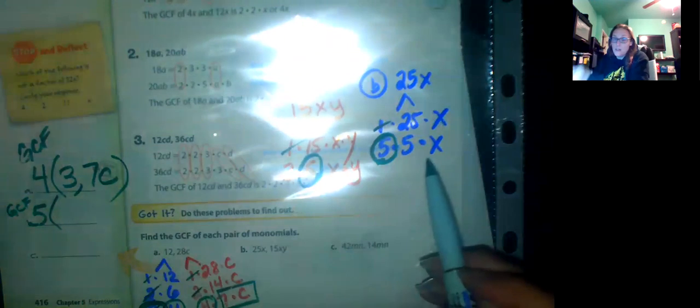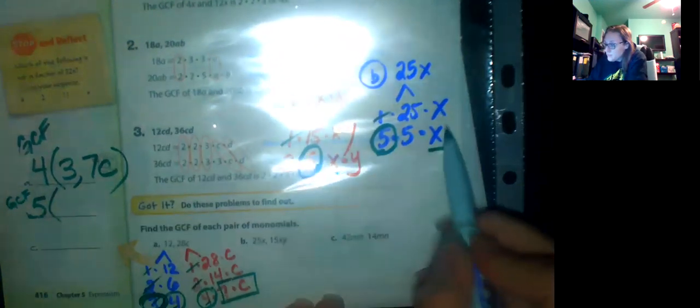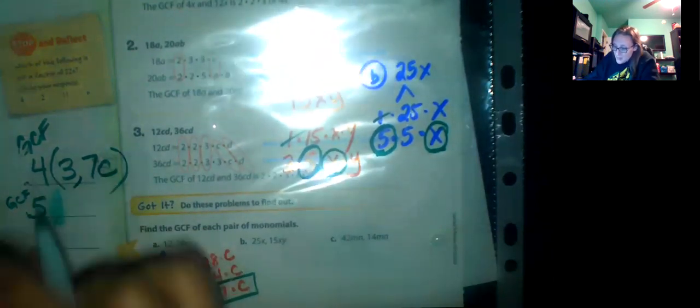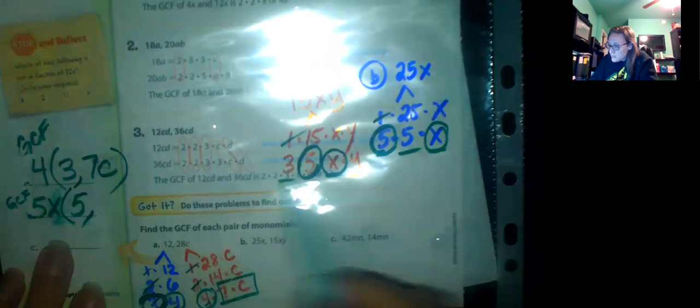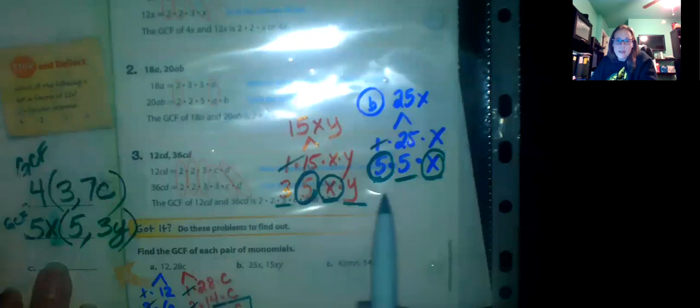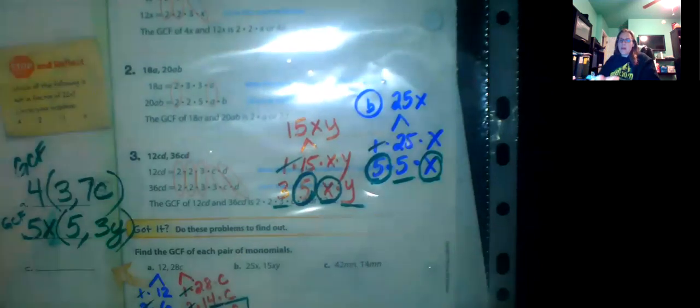Oh, I forgot, look, they both have an x also. You see that? So actually, their GCF is 5x. Then we write what's left over. So of this number, there's only a 5 left over. And of this number, we have a 3 and a y left over. Okay, the 3 and the y. So you have to remember that.